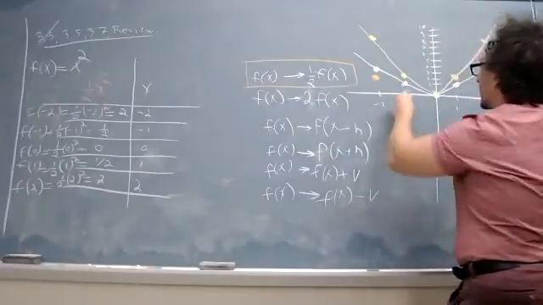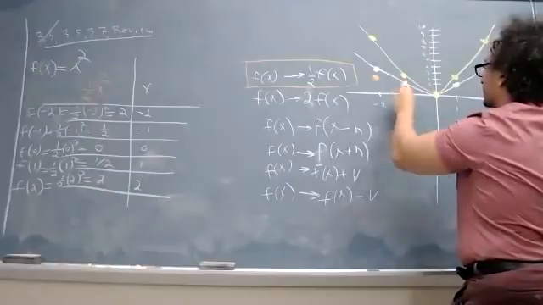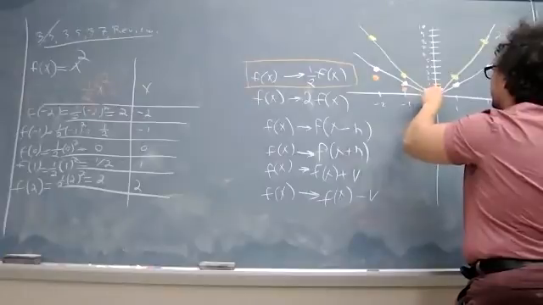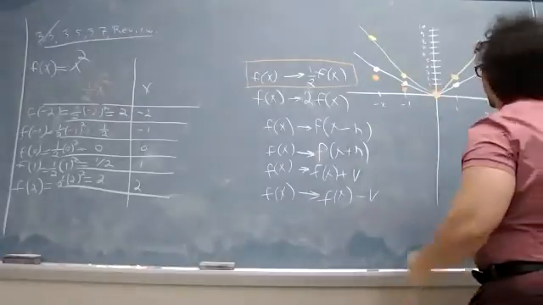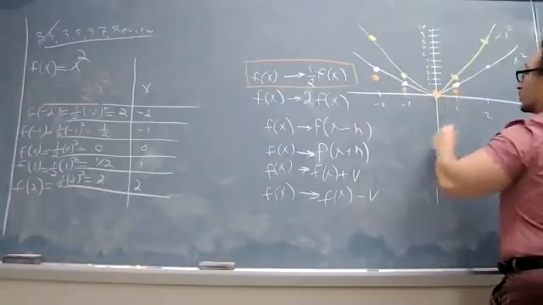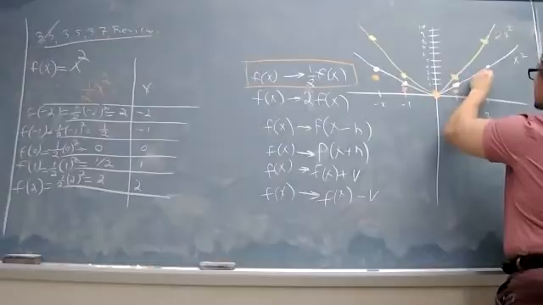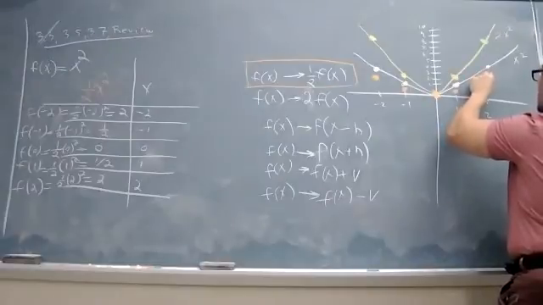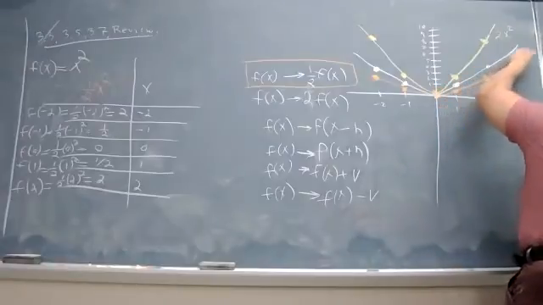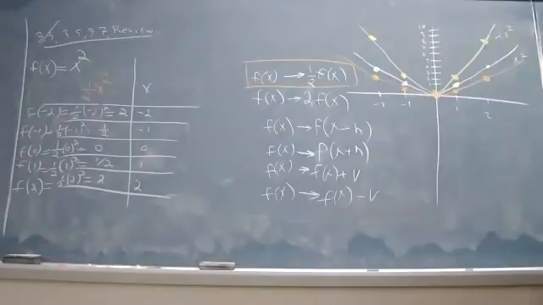At -1, I find a 1/2 and I put a dot. At 0, I find a 0 and I put a dot. At 1, I find a 1/2, I put a dot. At 2, I find a 2 and I put a dot. What happens when we connect these dots? What happens to the graph in orange?